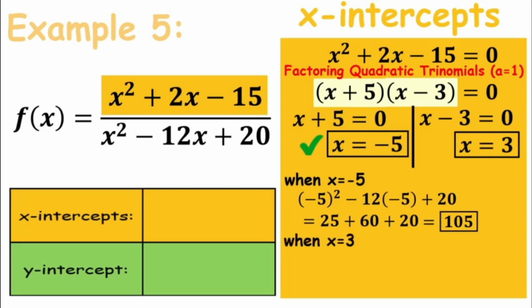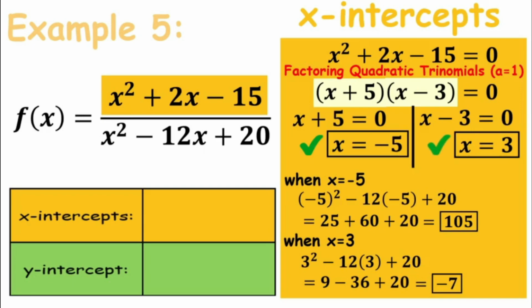Next, when x is equal to 3, 3 squared minus 12 times 3 plus 20, which is equal to 9 minus 36 plus 20, which gives negative 7. Since negative 7 is also a non-zero number, 3 is also an x-intercept. So the function has two x-intercepts, (negative 5, 0) and (3, 0).